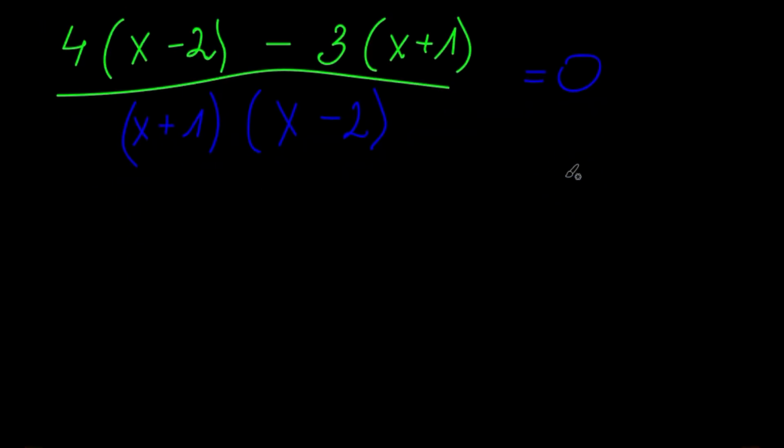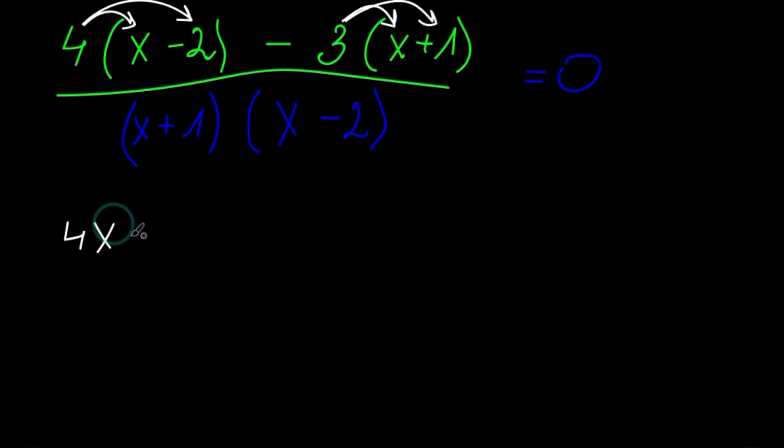Now, this is a bit different from our previous examples, but first let's rearrange our numerator a bit. So multiply 4x by 4 and minus 2 by 4, and also we do the same thing here. Okay, so what do we get?